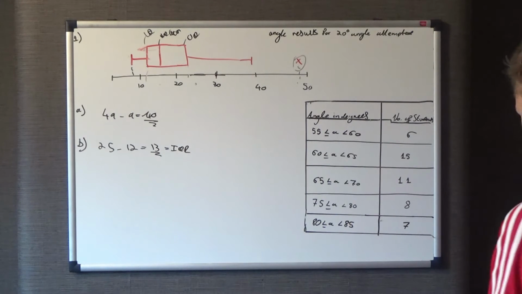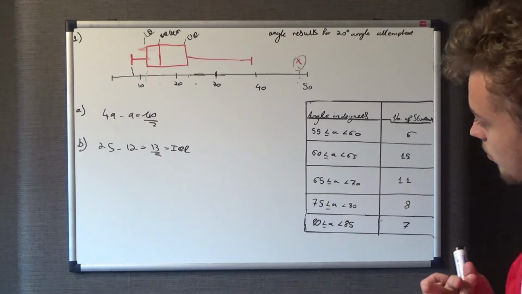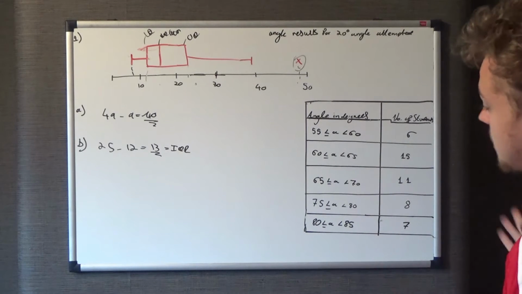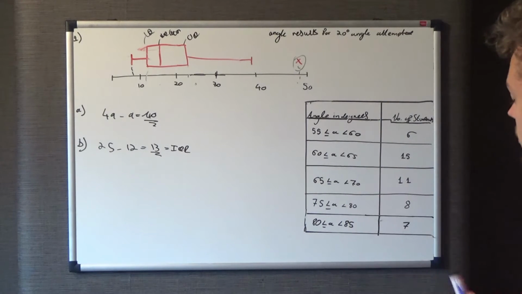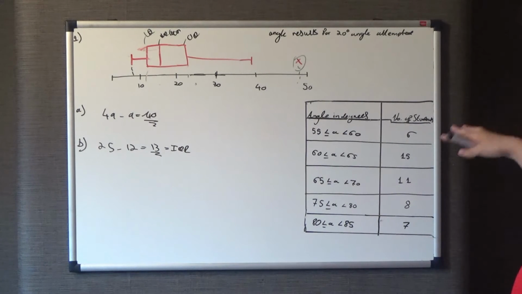Going on to part C now. So the students were now asked to draw an angle of 70 degrees, again without using a protractor, so these were the results.